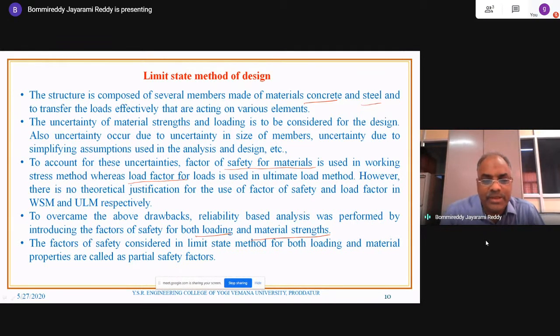These are the two main components, and both have a lot of uncertainties. So we need to introduce a factor of safety for both loading and material strengths. These factors are called the partial safety factors.